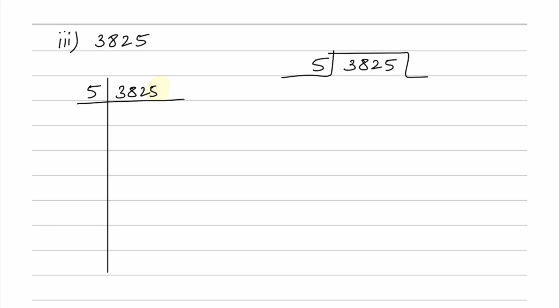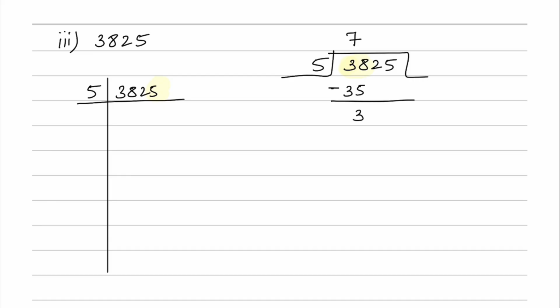So always remember, when you're dividing any number, you have to start with one number at a time. So we'll start first with 3. Definitely 3 is not divisible by 5, so now we'll take the next number, which is going to be 38. We know 5 7s are 35. If you subtract 35 from 38, this is going to give you 3.